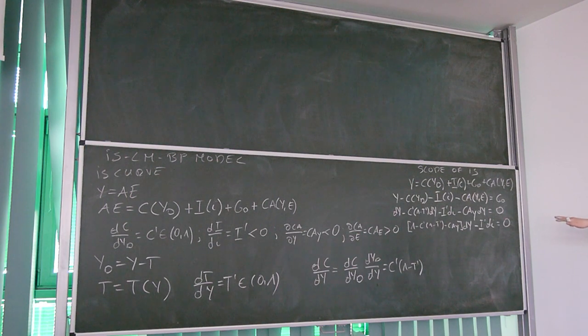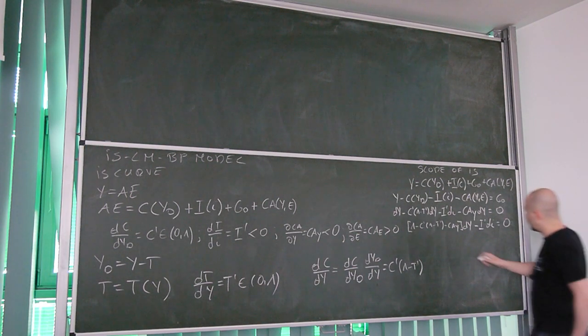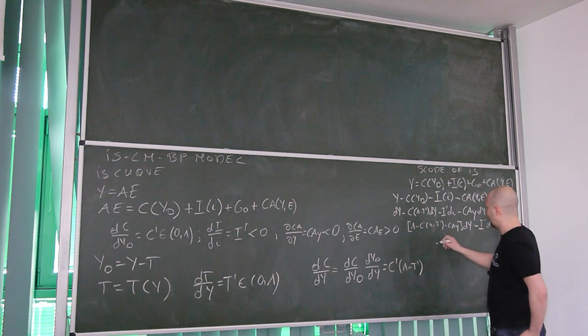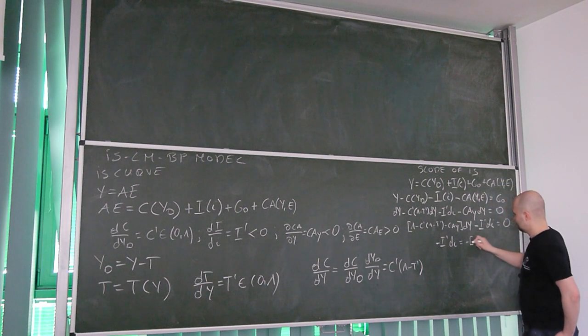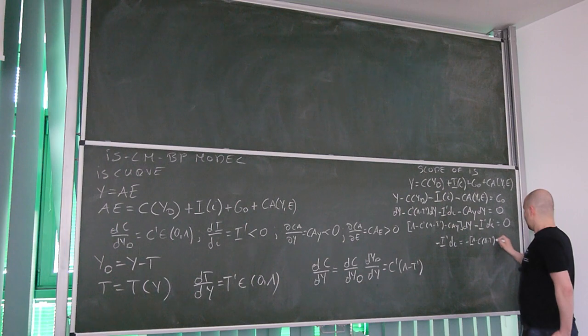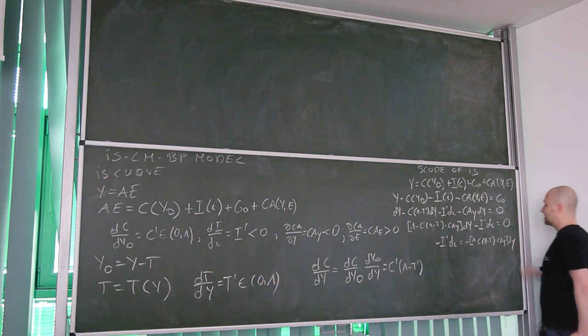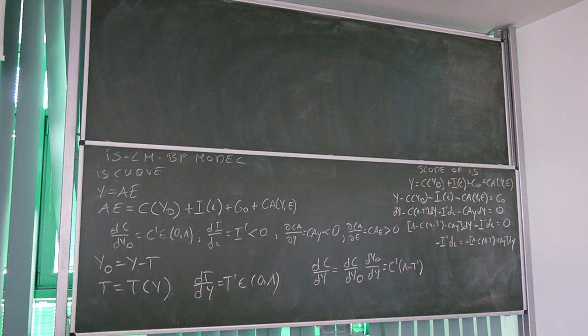Now, let's move the expression with di to the other side of the equation. And now let's divide both sides by dY and by negative I prime.